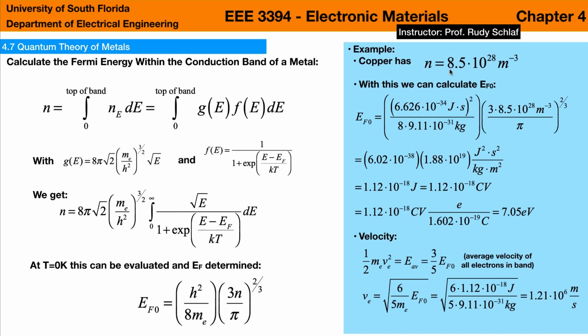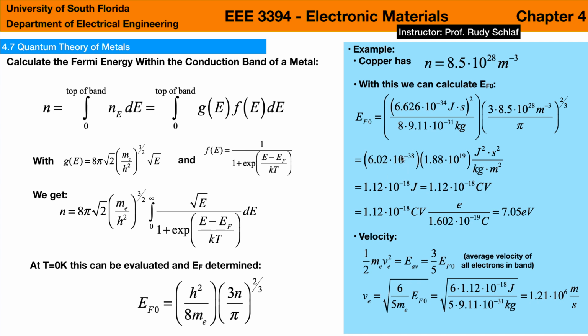Copper has an electron density of 8.5 times 10 to the 28th per cubic meter, and with this now we can calculate the Fermi energy at temperature 0. So we look up Planck's number, plug it in here, we divide by 8 times the mass of an electron, and here we multiply 3 with that electron density and divide by pi.